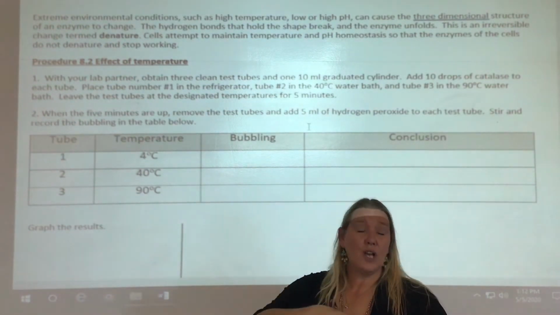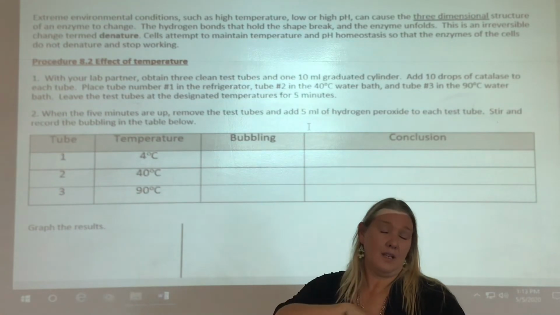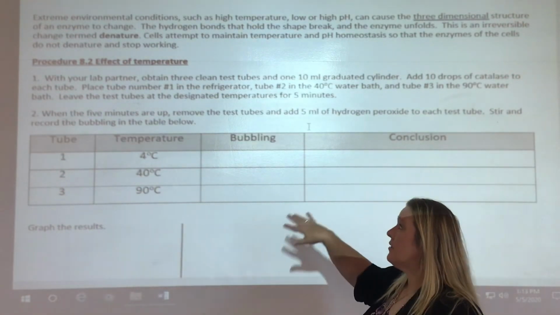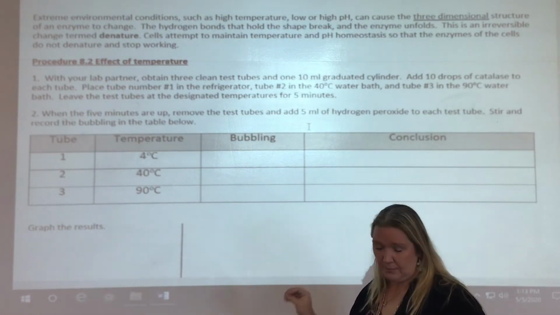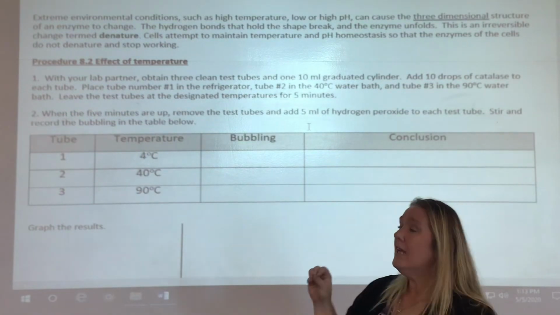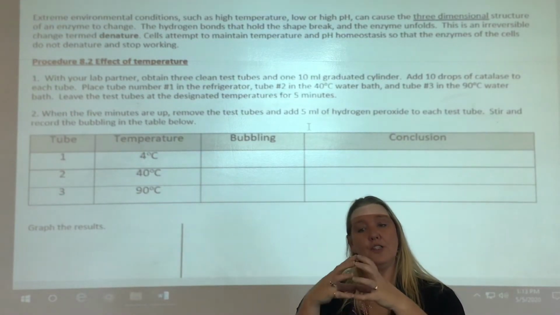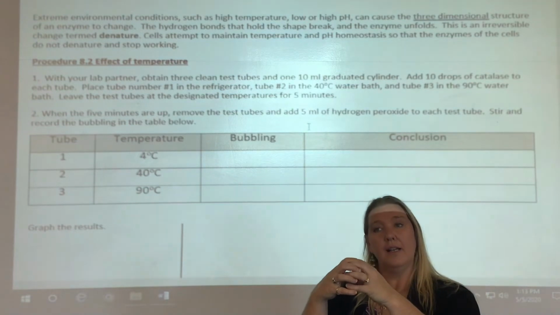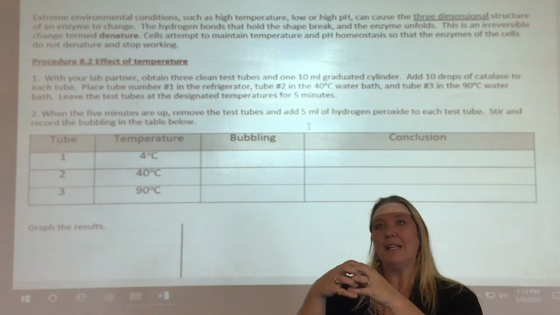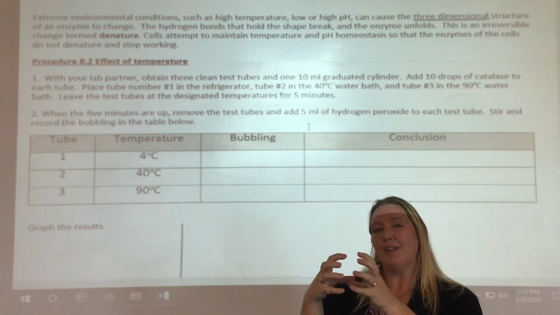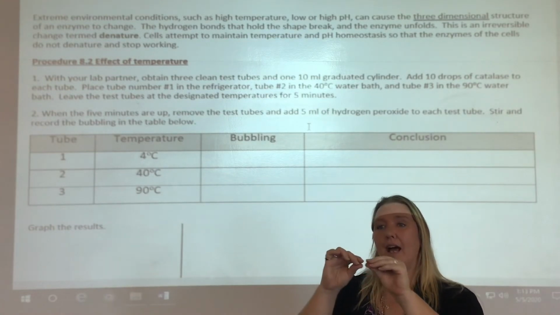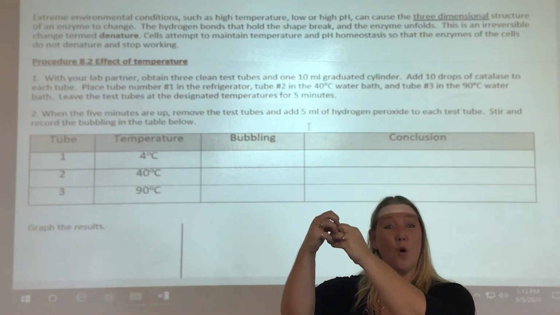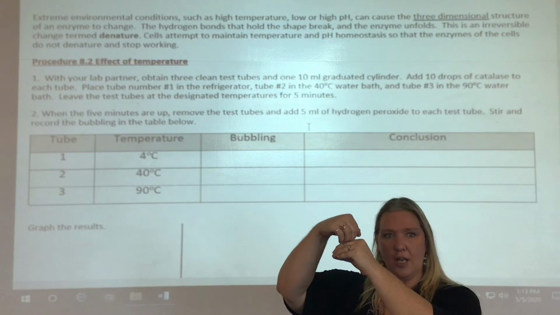Or if it gets too low, it can slow it down or it can damage it, okay? And so the first one that we're going to look at is temperature, okay? And so if something happens to that structure, okay, it's really easy to break those hydrogen bonds, okay? And the hydrogen bonds are what helps that enzyme fold and make that specific shape, okay?